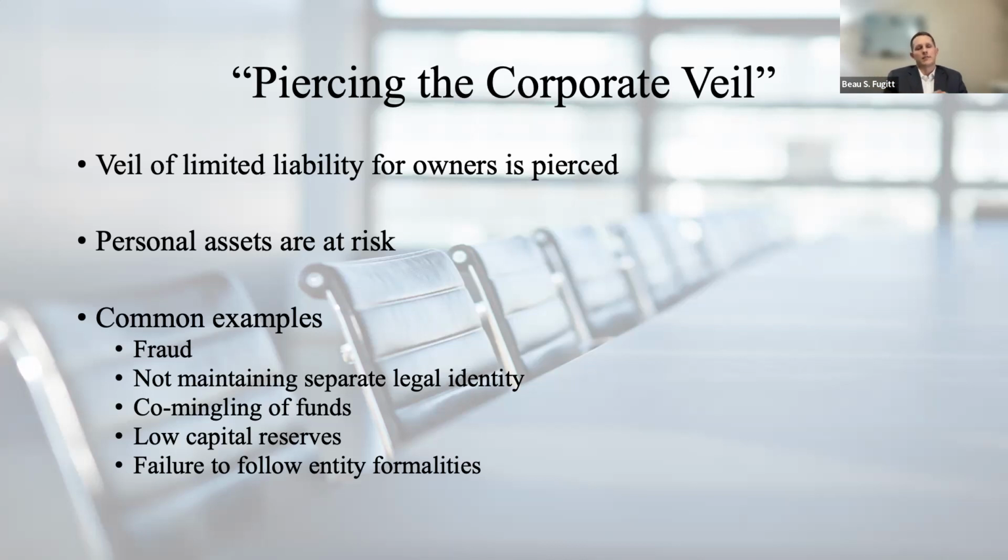LLCs are a product of state law, and every state has different requirements and different rules. Most of them are pretty similar, but states can vary. So if you weren't following those rules or those formalities, then a court might pierce the corporate veil. And then I hope you have good insurance at that point, because that would be just the same as if your name was personally on the deed, for example, if it was real estate.